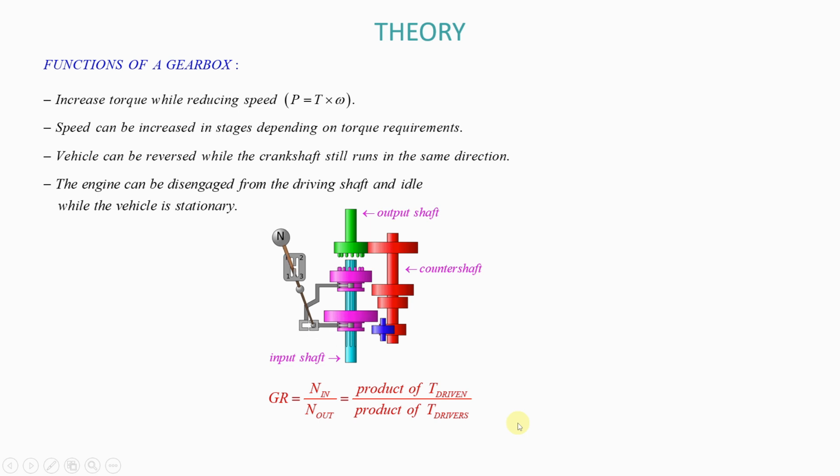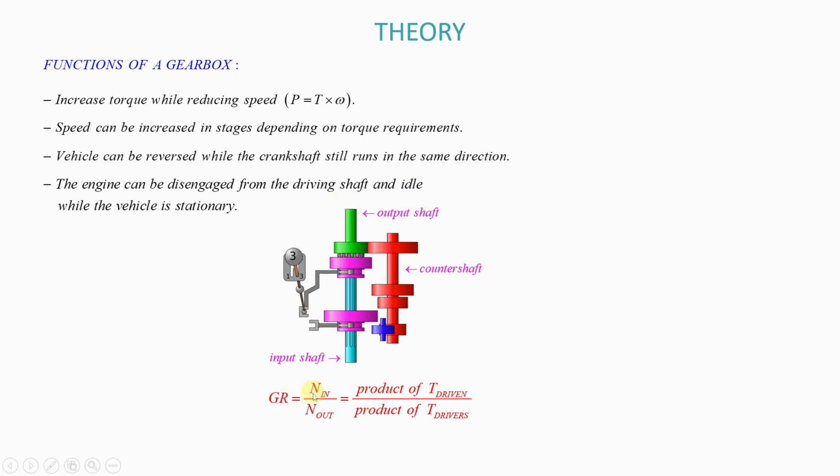And this is an equation that relates the input speed of the gearbox, which is coming through the engine, to the output speed of the gearbox, okay, which goes to the wheels, okay?